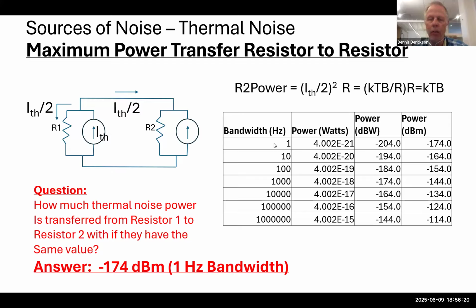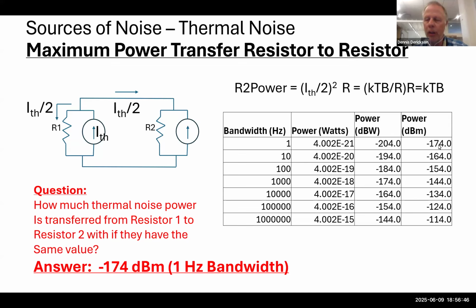So if I choose different values of the bandwidth from 1 hertz to 1,000 or 100,000, this is 1 megahertz right here, I can see how many watts we have. I can put it in decibels by taking 10 log of the power in watts to get decibels compared to a watt. And if I want to add 30 dB to that number, I can get decibels compared to a milliwatt.